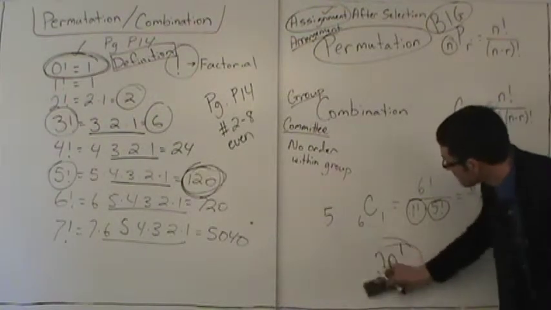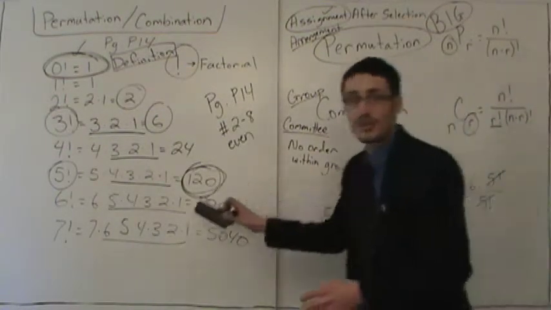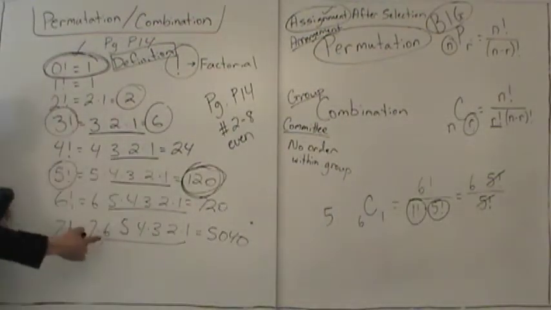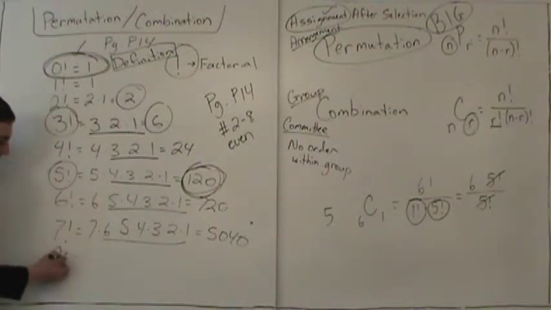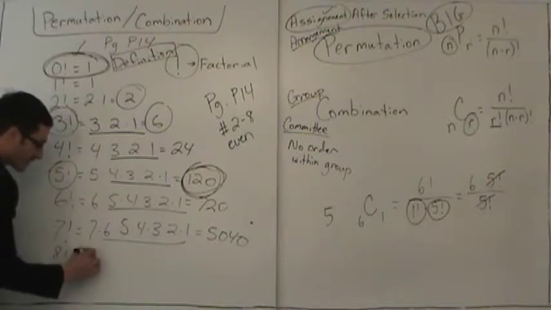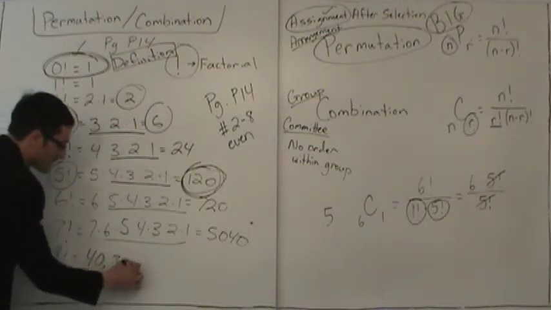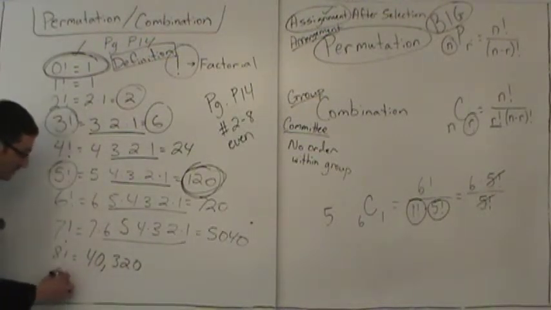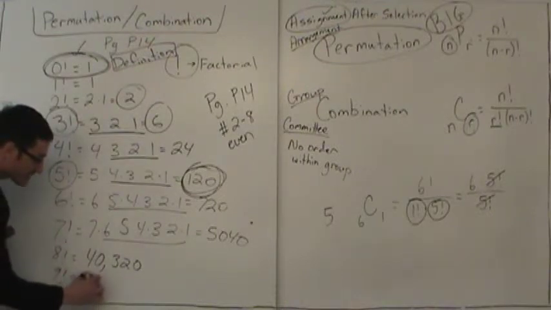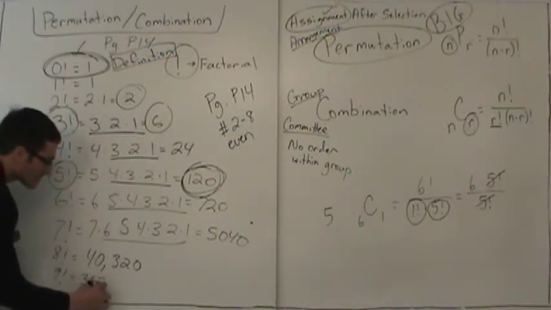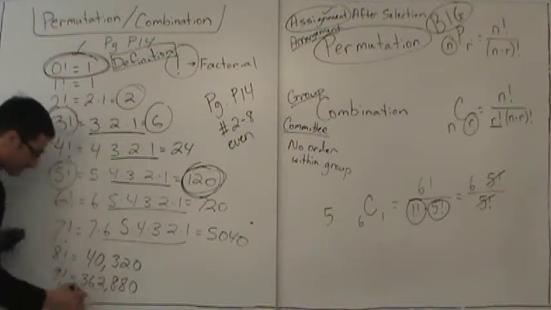Now, let me show you. Factorial values get large very, very quickly. Look, 8 factorial is 40,320. 9 factorial is 362,880.